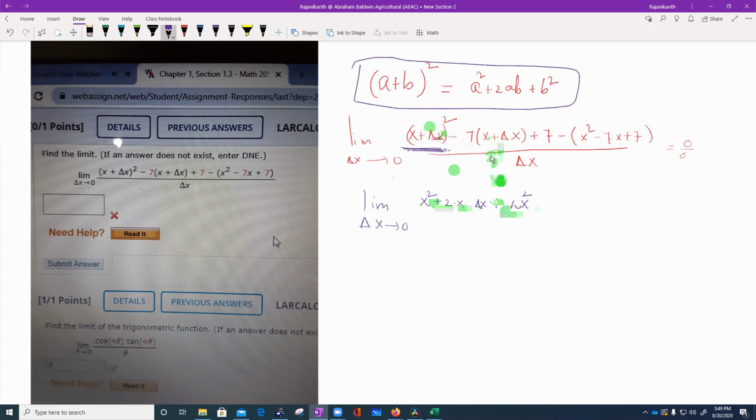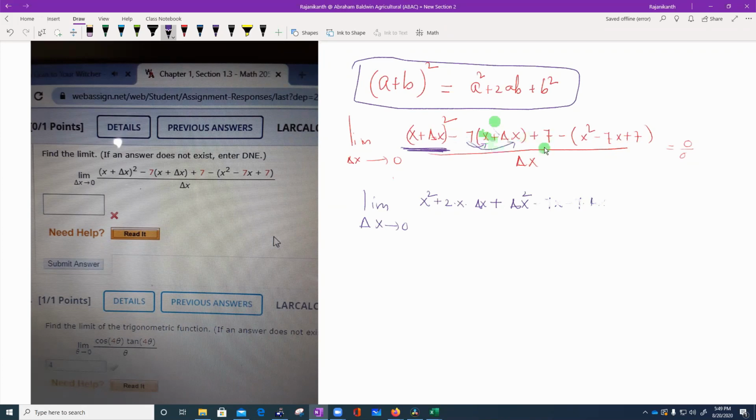Okay? Then distribute with a -7, these two guys. You have to multiply out with these two, with 7. So -7 times x is -7x. You need to distribute minus sign with plus sign. Minus into plus is minus 7 times delta x. I am simply distributing.